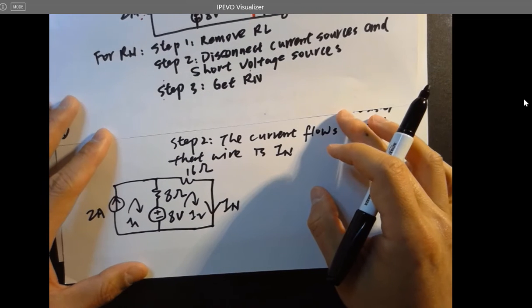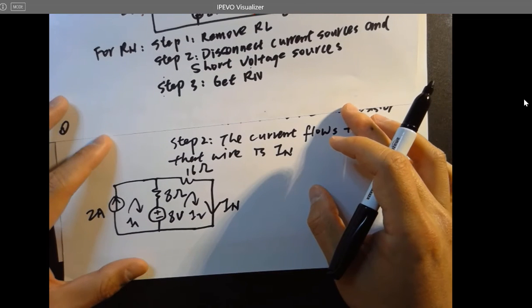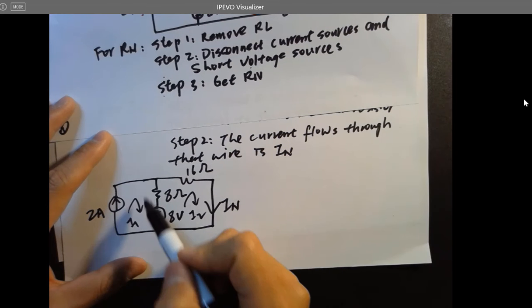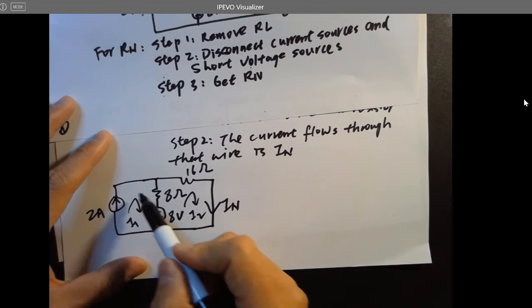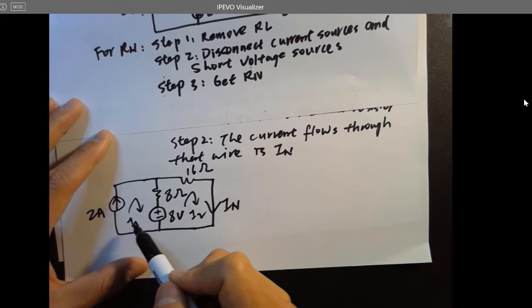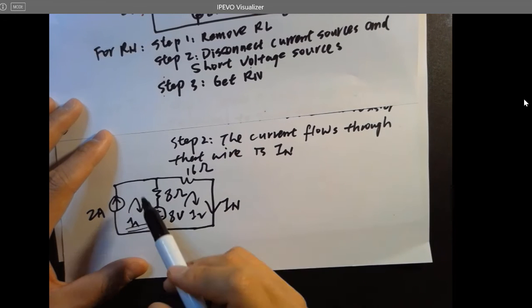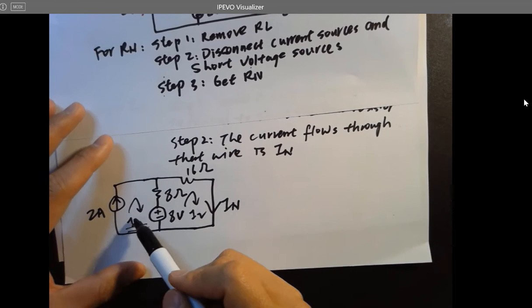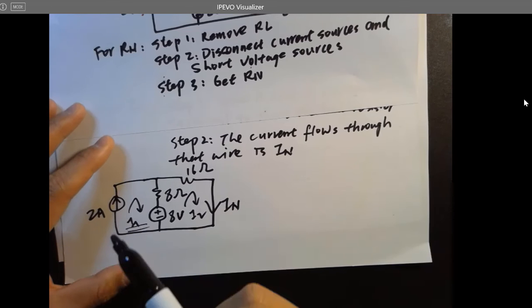First of all, we know I1, so we don't need to list the equation for that mesh, because it's given. You only list an equation when you don't know the current.